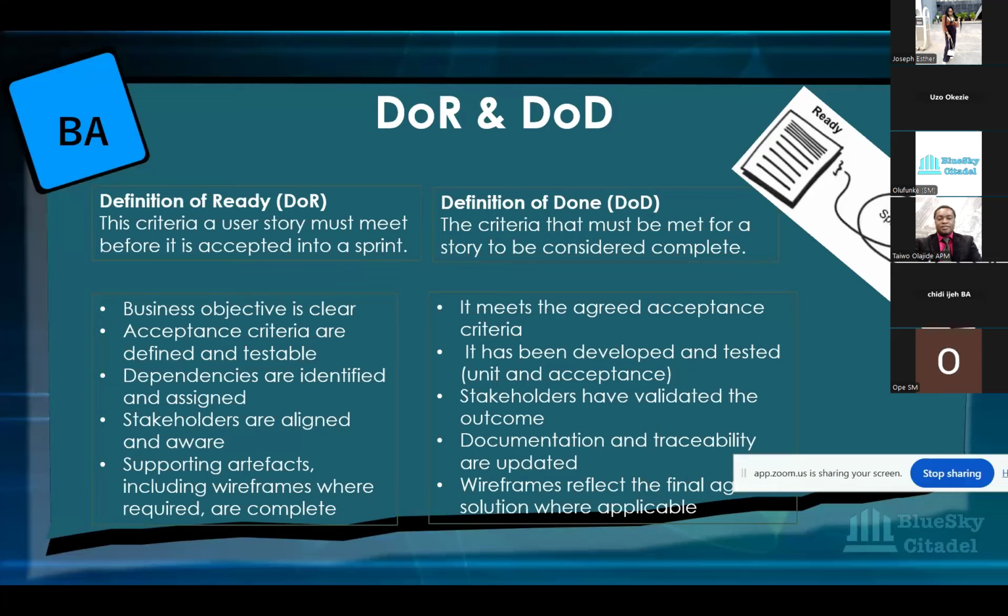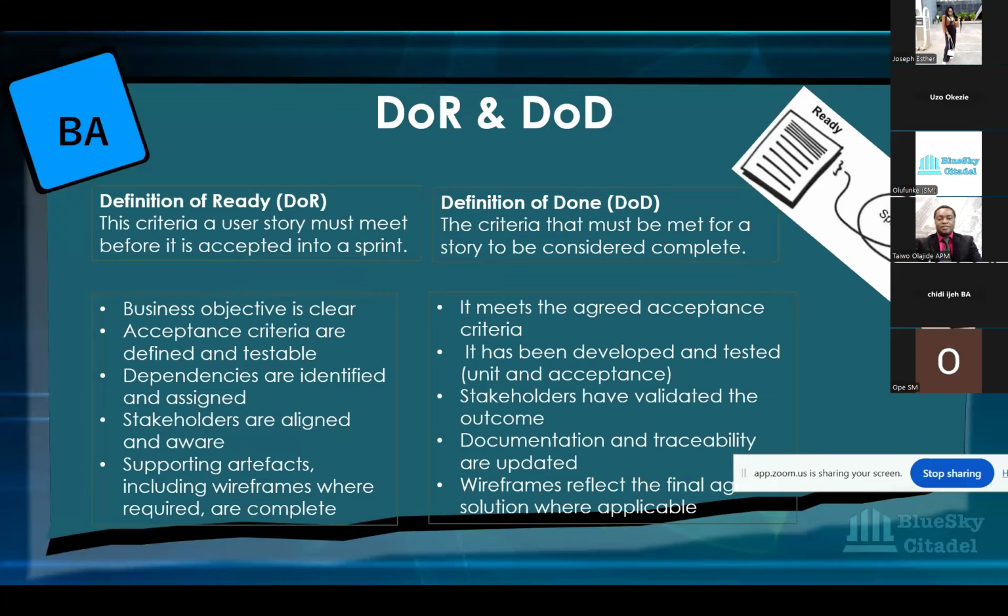The definition of ready is what criteria every user story needs to meet before it's accepted into a sprint. And here in BlueSky, it almost always includes a wireframe. So if your user story does not have a wireframe, it's not ready to be committed into a sprint.